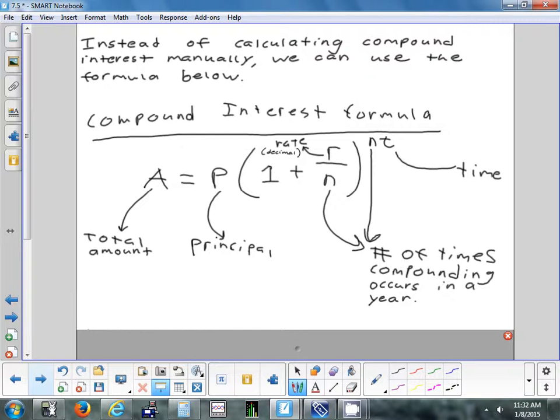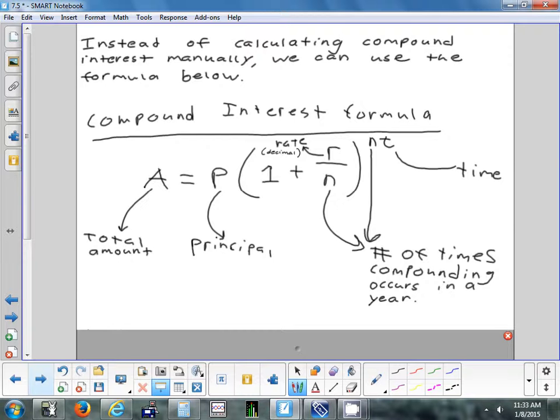So not only will it calculate the interest for us, but it's automatically going to add the interest into the amount. Okay, so A is your amount, P is your principal, R is your rate, again as a decimal. N is the number of times that you're compounding it. So like in our last problem, quarterly means 4.